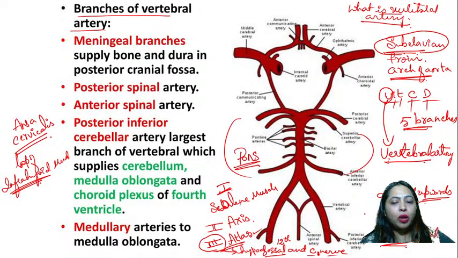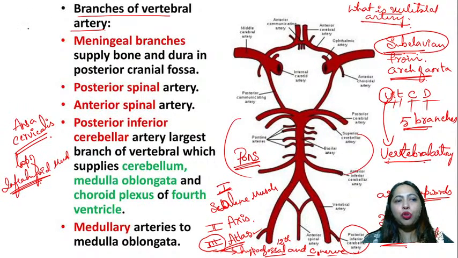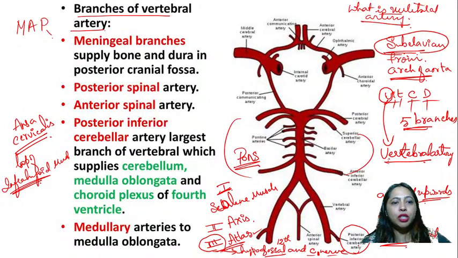And here you can see there is a right and left vertebral artery. And before this, what does the vertebral artery give? It gives one important branch that is called posterior inferior cerebellar artery. So this is what I was talking about. I mentioned MAP. So in that, P was posterior inferior cerebellar artery. That is the first branch.